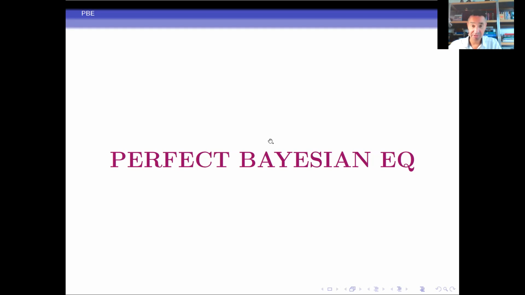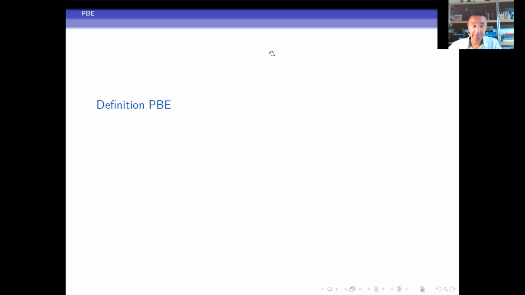The definition is a bit cumbersome, but I think the best way to get a feeling of what perfect Bayesian equilibrium does is by simply looking at lots of examples. So we will briefly guide you through the definitions, but after that, I think the best thing to do is to simply see how that works in specific games.